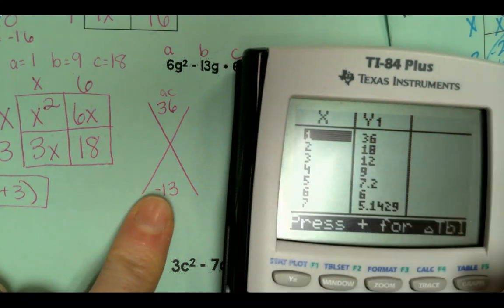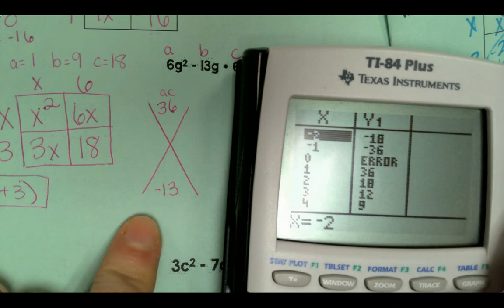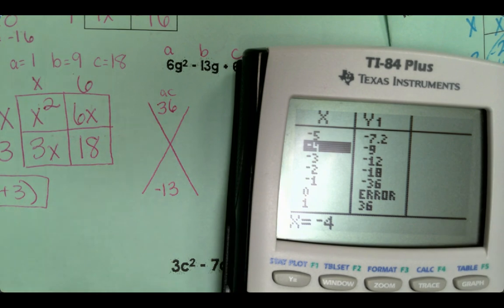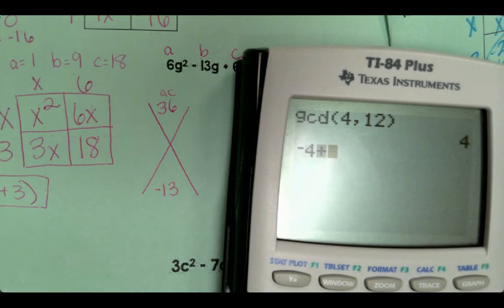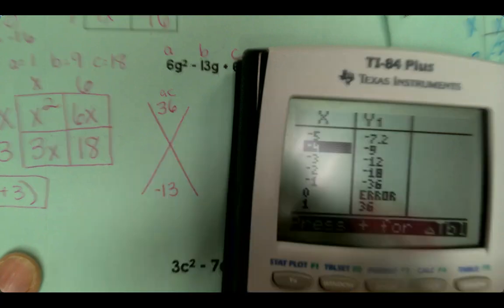We're going to have to go to the negative side, the opposite side. So I've got to go up and find the one that's going to give me negative 13. Negative 4 plus a negative 9. And I got those numbers from the table, -4 and -9.